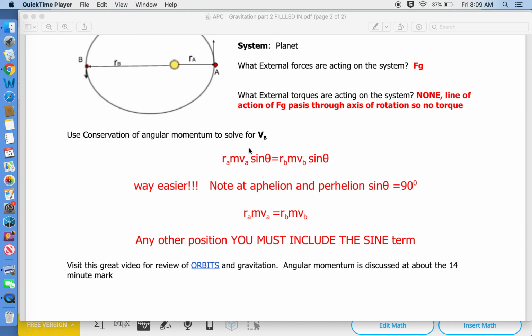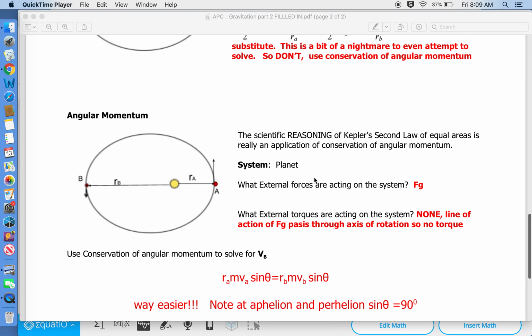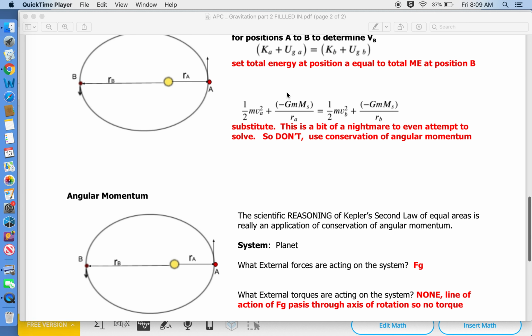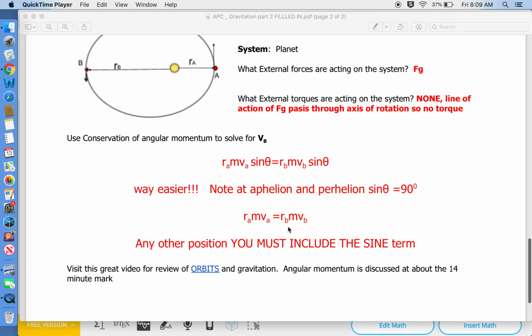If I set the angular momentum at position A equal to the angular momentum at position B, and remember the sine of the angle represents the angle between this radial vector and that momentum vector, and we see that's 90 degrees, it gets even simpler. We can look at this equation and compare it to that and say, I'd much rather do this.